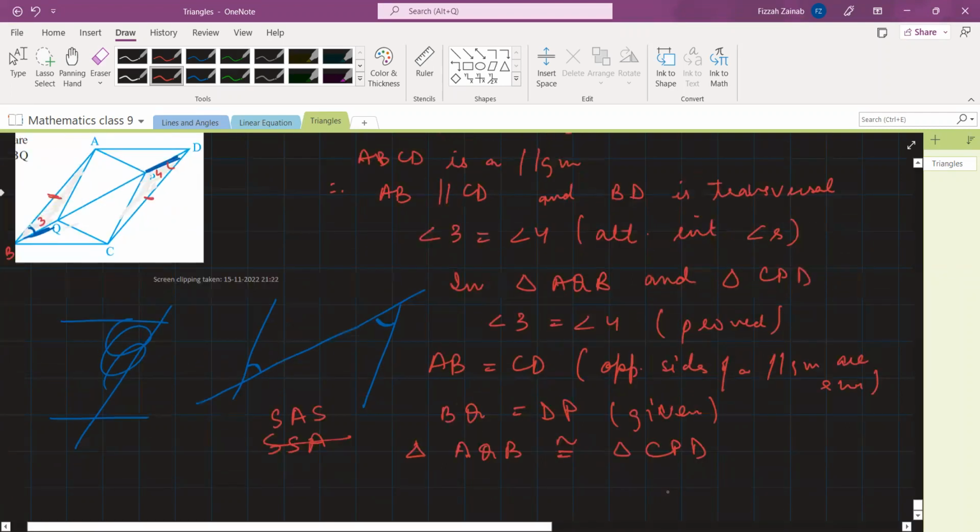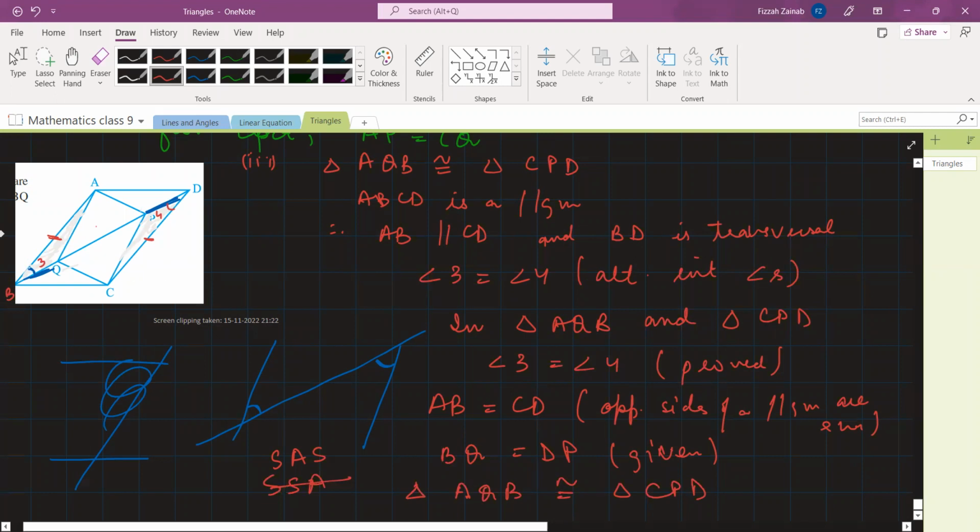Yeah, so in the fourth part, you have to show AQ is equal to CP. AQ means this side is equal to CP. So this is part of this triangle. So from CPCT, we can show it.